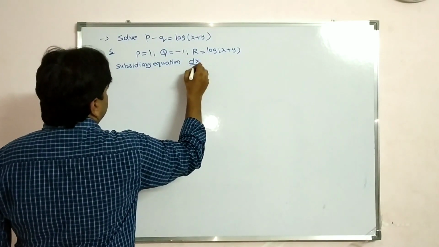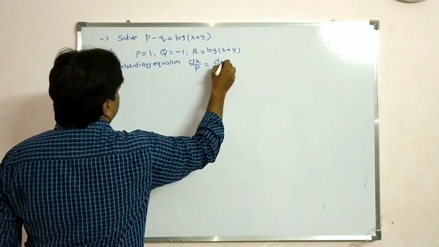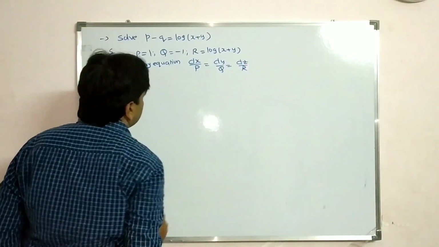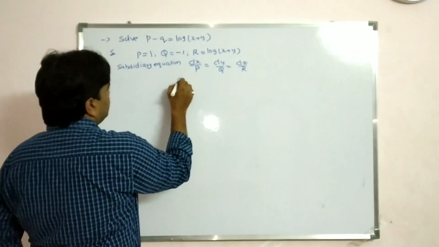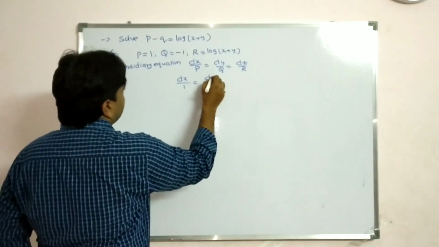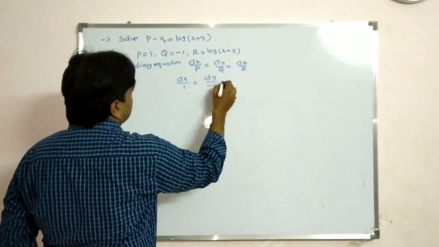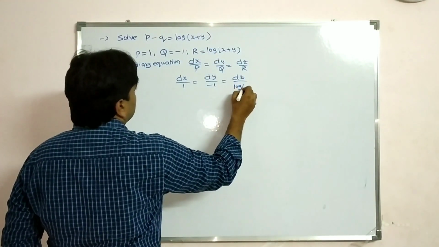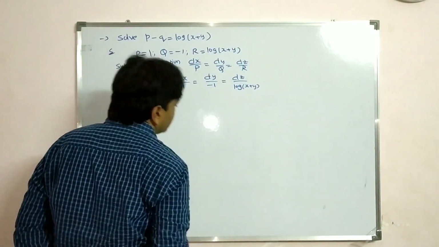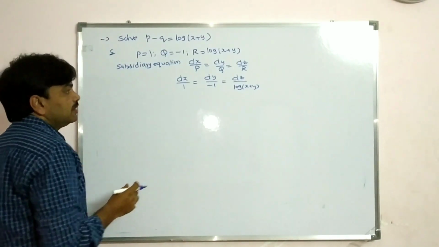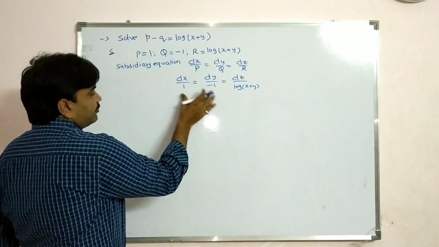The subsidiary equation is dx by P is equal to dy by Q is equal to dz by R. Now dx by P, the value is 1, so that is equal to dy by Q, the value is minus 1, which is equal to dz by R, the value is log of x plus y. Now I want to take the first two equations, students.